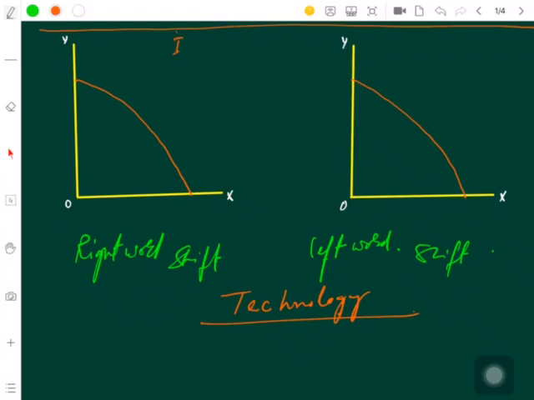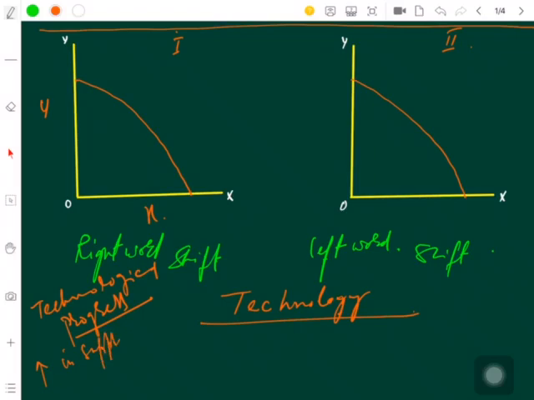Case first, case second. Let us say technology in case first, figure first, progressed. We have technological progress. When technology progresses, production increases. But it is not saying technology progressed for wheat or for tanks, for good Y or for good X. It is saying technological progress took place, or an increase in supply of resources took place.